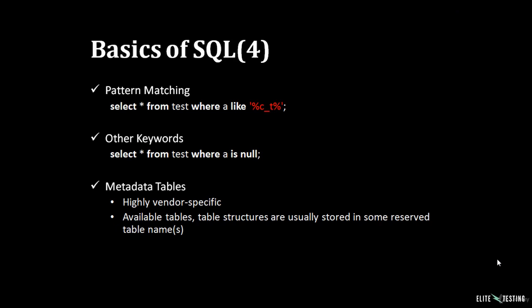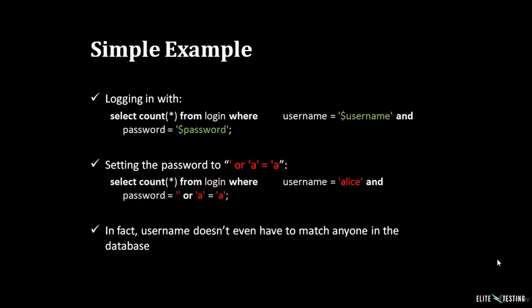For specifying a pattern and querying data which matches it, the condition that should be specified here is LIKE '%c_t%', where c_t denotes the pattern which is to be searched. Some keywords such as NULL can also be used as values in the conditions in the where clause to query relevant data. Apart from this, metadata tables store information about the database. They are highly vendor specific and are denoted by reserved table names.